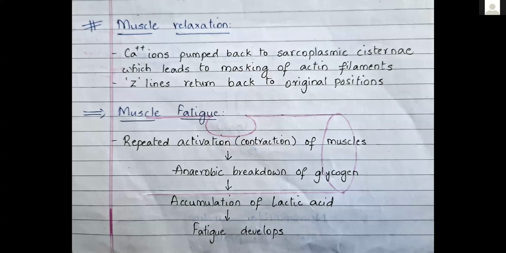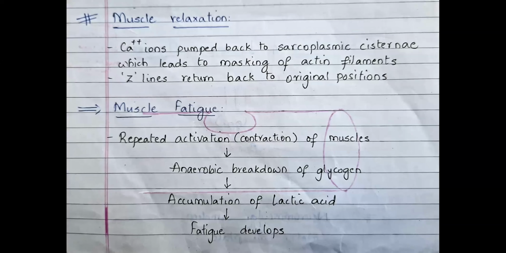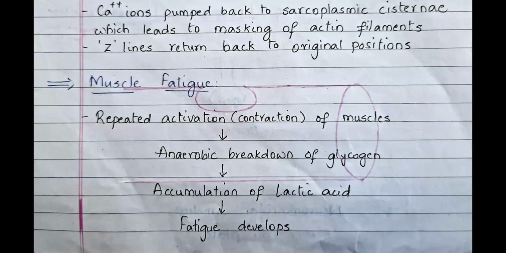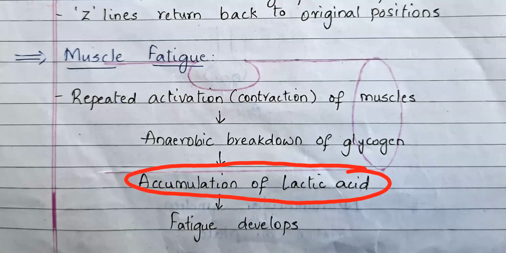Why after a day or two is that problem sorted out? Because this lactic acid which is available in the muscle gradually comes out into the blood. So when it is emptied into the blood, the accumulated lactic acid from the muscle comes into the blood, which will take a day or two.